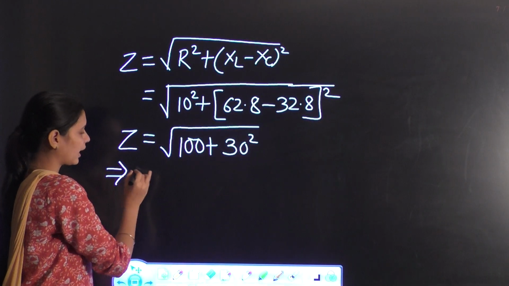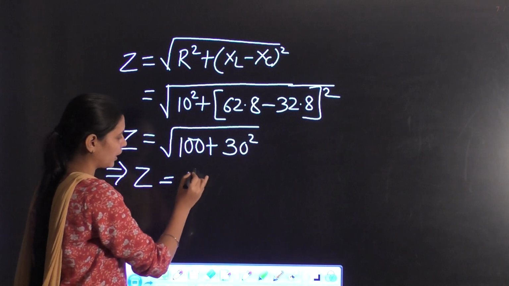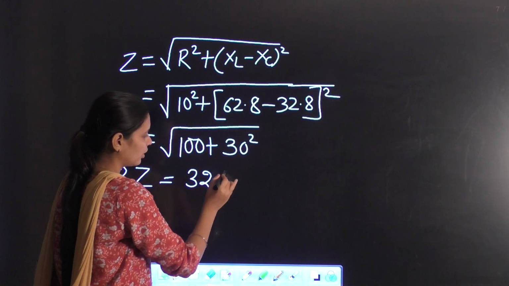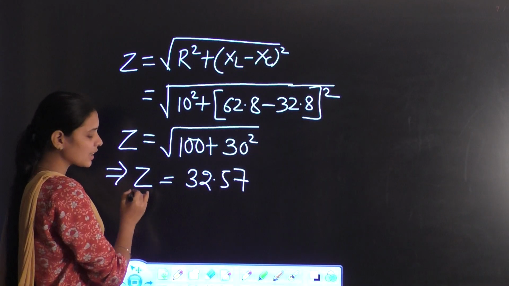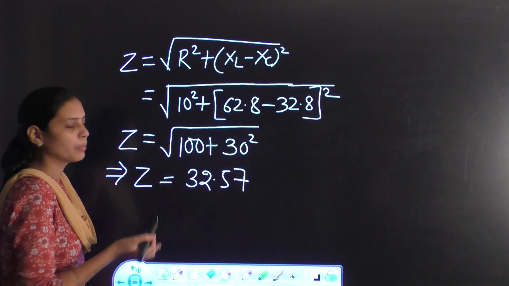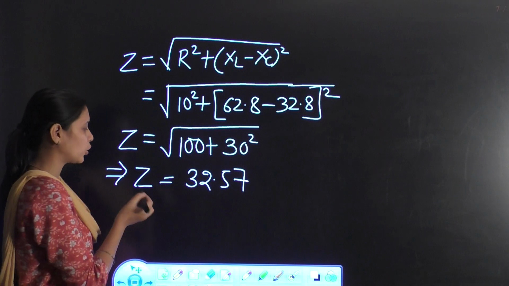After calculating, I get the value of Z to be 32.57. This is the value of the impedance.